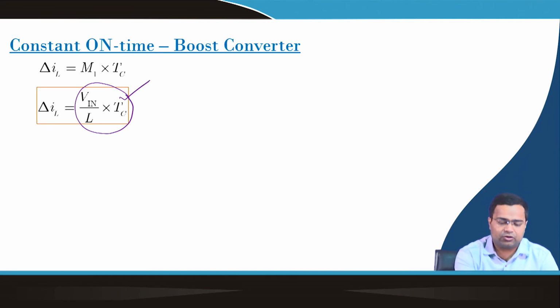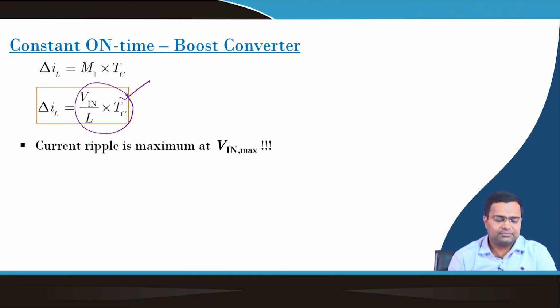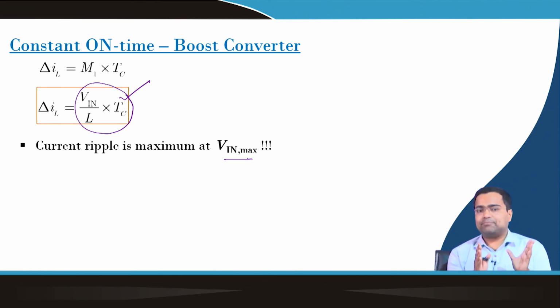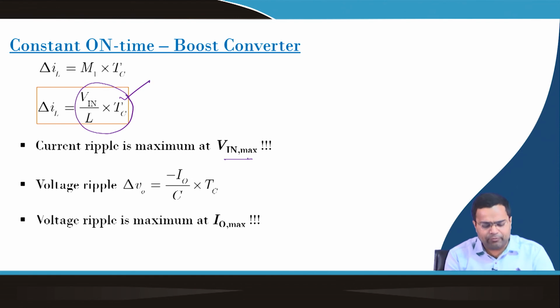Since on time is constant, the current ripple for a given on time is maximum when the input voltage is maximum. But in case of PWM we found the current ripple is maximum at 50% duty ratio, whereas under constant on time modulation the current ripple is maximum at maximum input voltage. Output voltage ripple will be maximum at maximum load current.